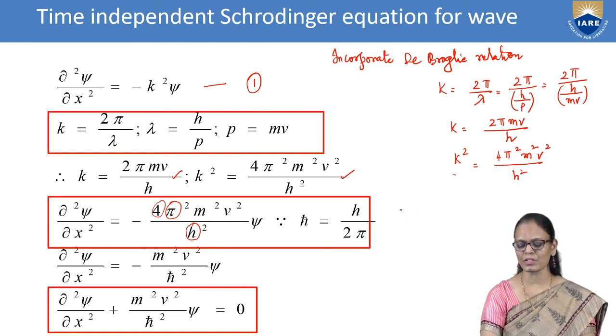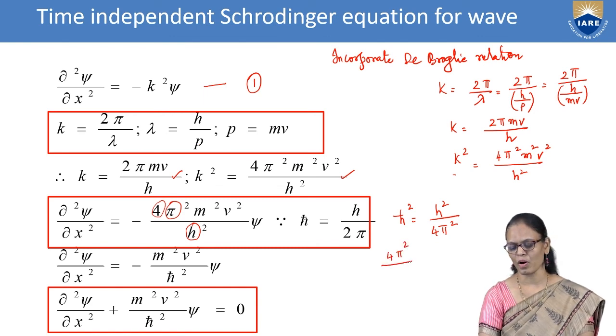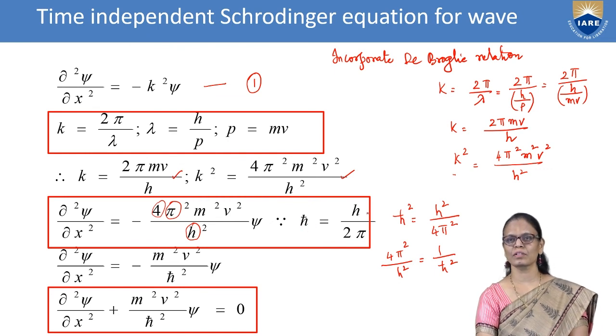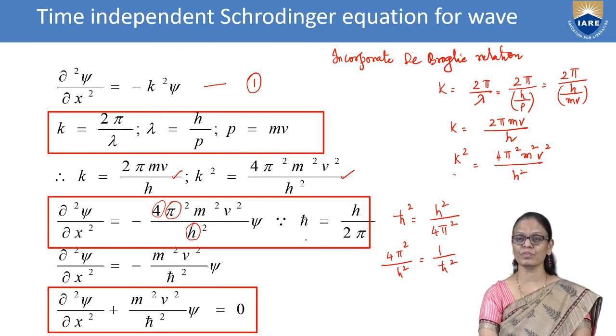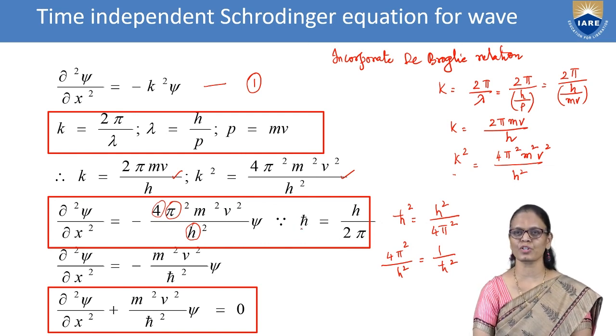So what will be h cross square? H square upon 4 pi square. So here in place of 4 pi square upon h square, I will substitute 1 upon h cross square. You got it? H cross is equal to h upon 2 pi.